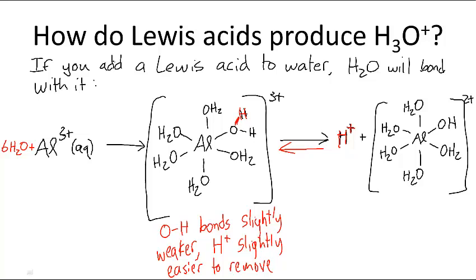Because aluminum has a positive 3 charge, and it's very, very small, very compact, it pulls those water molecules in, and it pulls on the electrons from the oxygen enough to make one of these hydrogens fall off. All right, so aluminum 3+ can bond with water, make Al(H2O)6 3+, and then that can lose a proton. So there are some positive ions that are acidic.